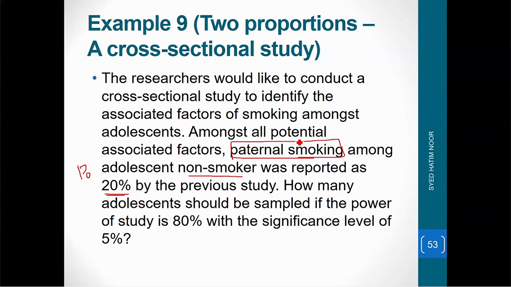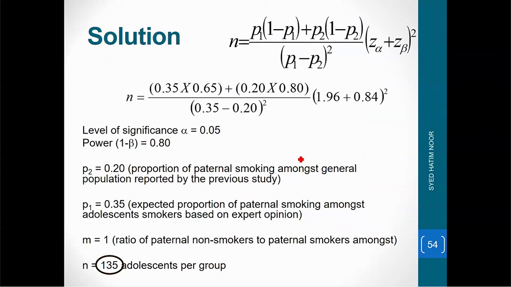Usually we can estimate around 10%. If you don't have any idea, you can estimate around 10% more. Like in this example, I make it 35%. This is from expert opinion.